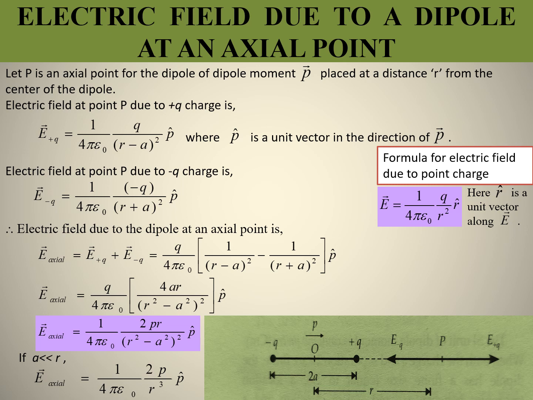Here r plus a is the distance of the minus q charge from the point P. So the electric field due to the dipole at the axial point P is the vector sum of the above two expressions, and it is then given by 1 by 4 pi epsilon naught into 2pr divided by (r square minus a square) whole square into p cap after the simplification.